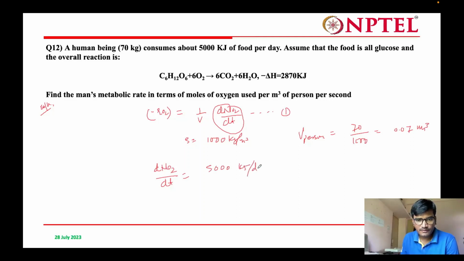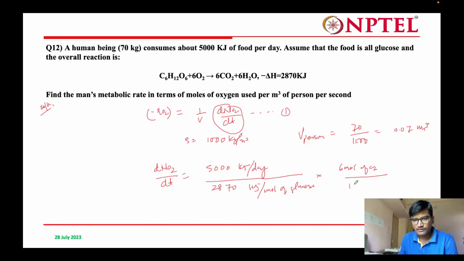So from 5000 kilojoule per day to 2870 kilojoule per mole of glucose, 6 moles of oxygen, this gives 10.45 moles of oxygen.